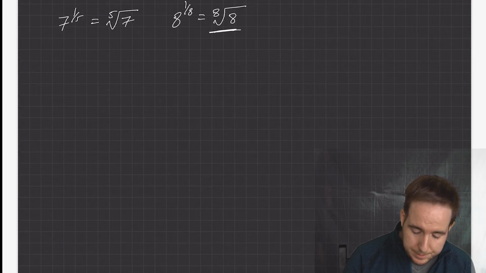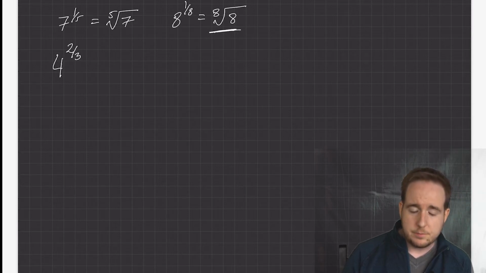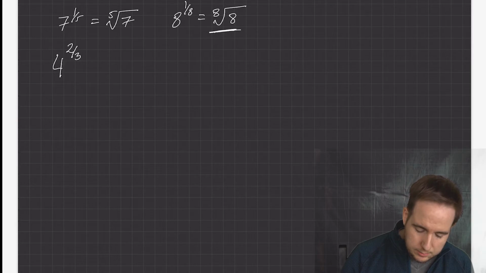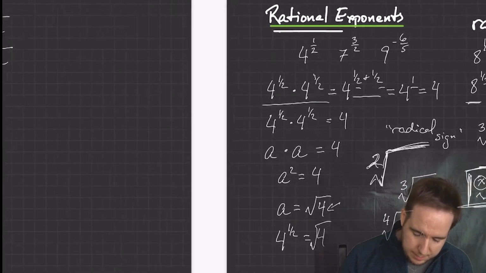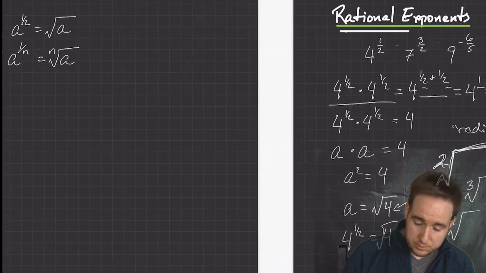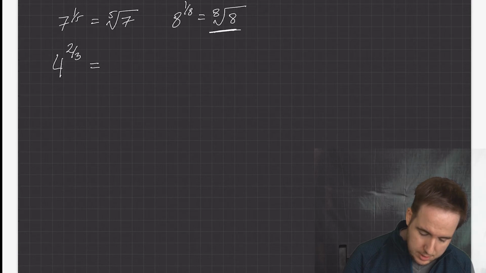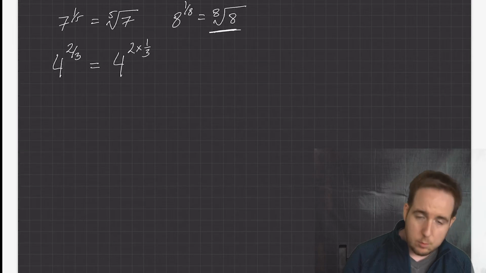What about 4 to the power of 2/3? Okay. Well, you can go back and be clever and use this rule backwards. 2/3 is 2 times 1/3.